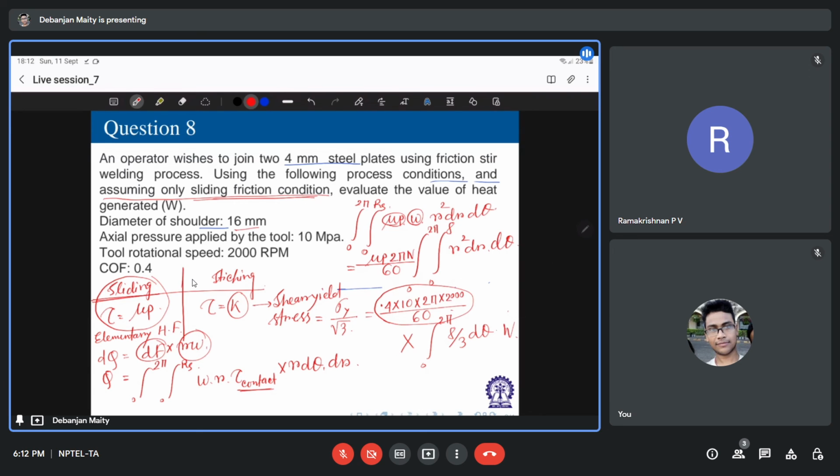So total heat flux will be in terms of what? And then if we do some math, can you give me some value? 0.4 into 10 into 2 into pi into 2000 by 60.